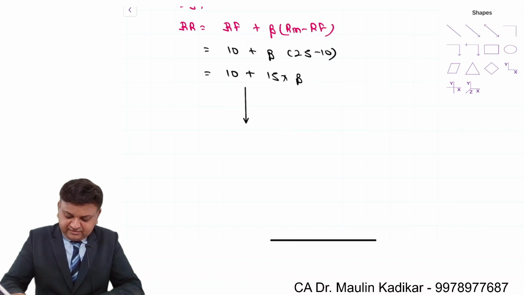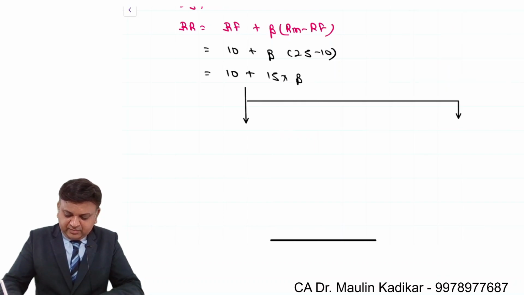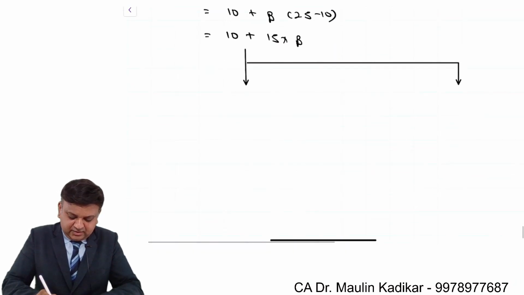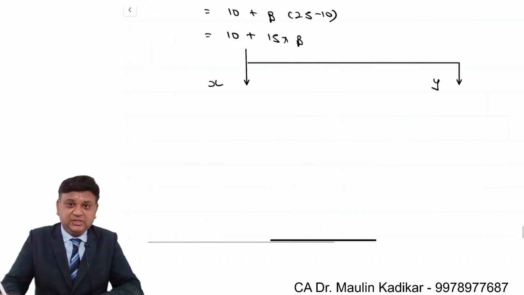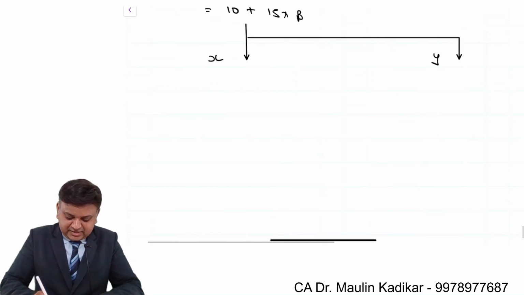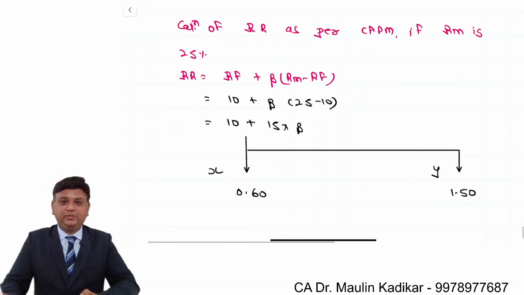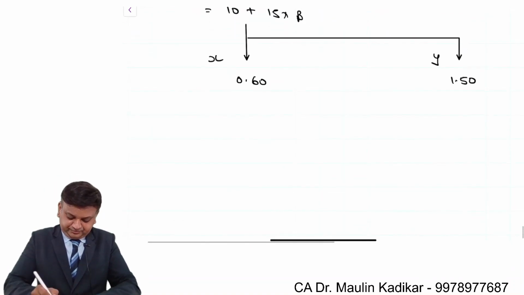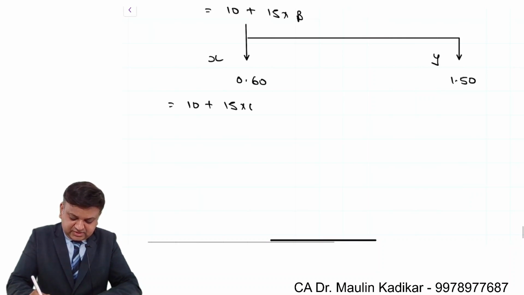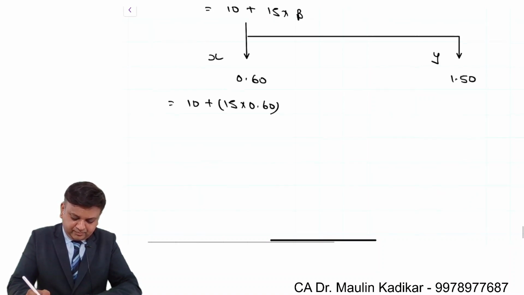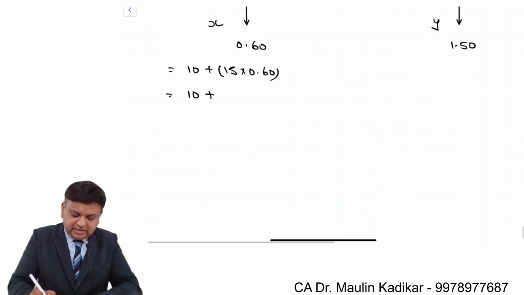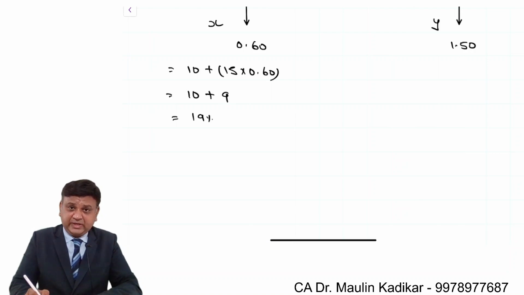As far as the beta value is concerned, we have been provided with two values of beta for security X and security Y: 0.60 and 1.50. So 10 plus 15 into 0.6, that is 10 plus 9, which comes to 19%.